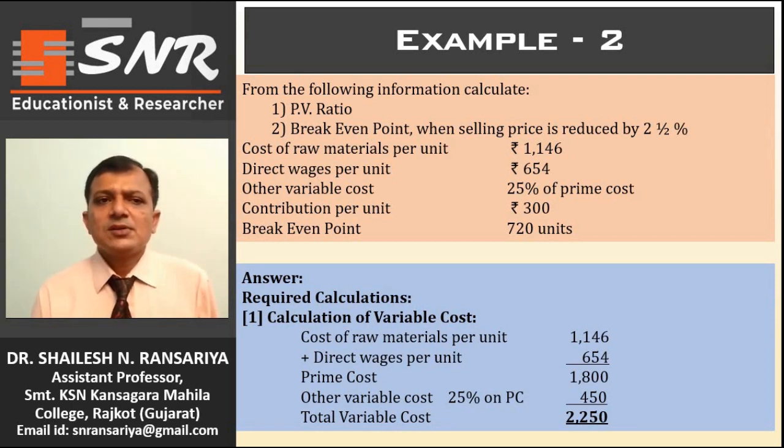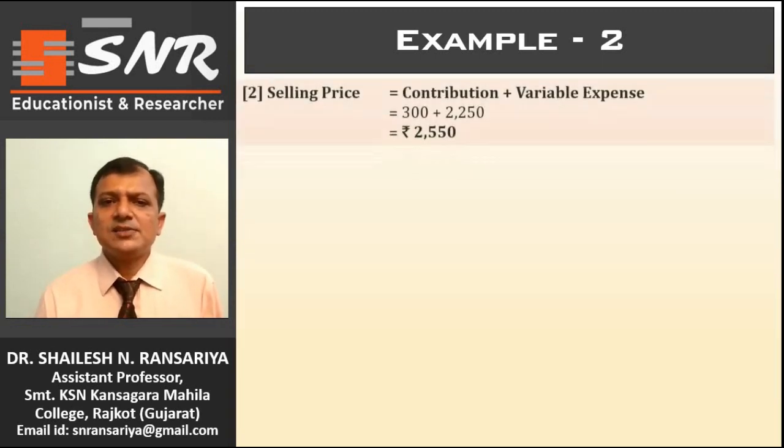Plus other variable cost, 25% on prime cost. So 25% on 1800, it is 450. So make total, it is total variable cost rupees 2250.